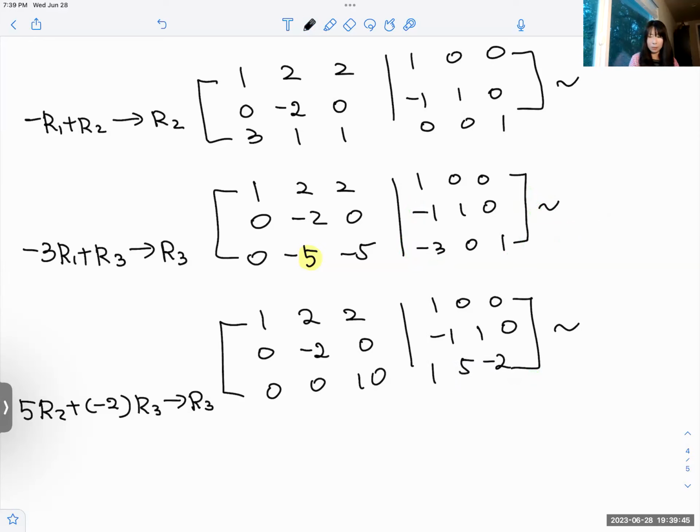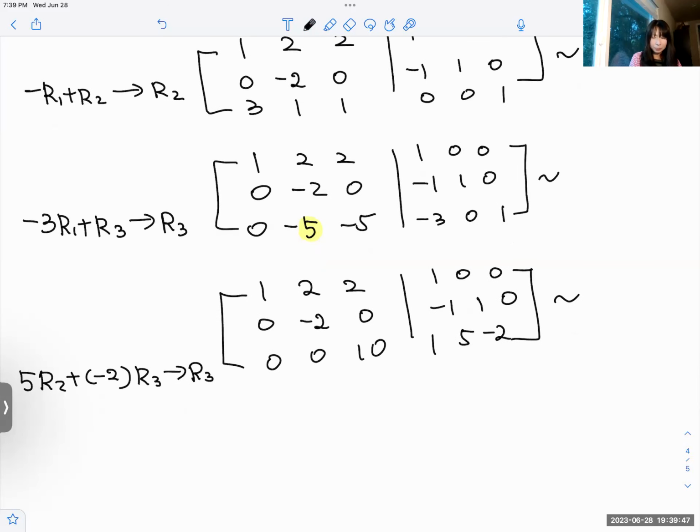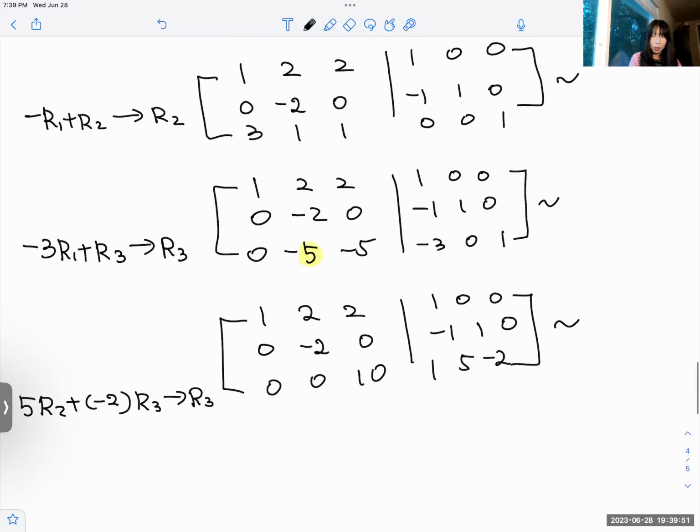Yes? Okay, now we want to make identity, right? So this one is easy to make identity, and this one is easy to make 1, right? Okay, now we want to make a 0 here.